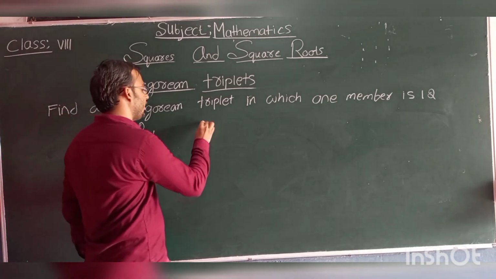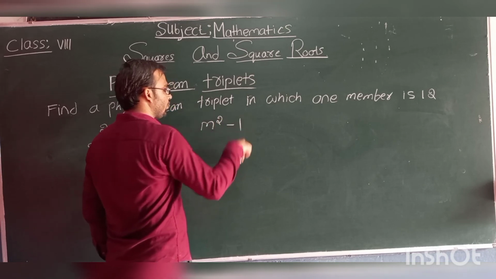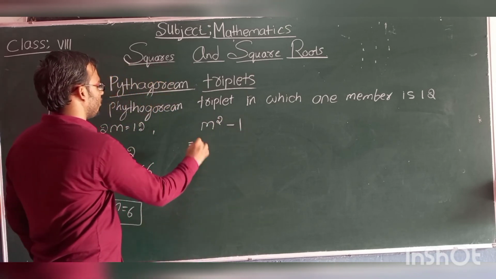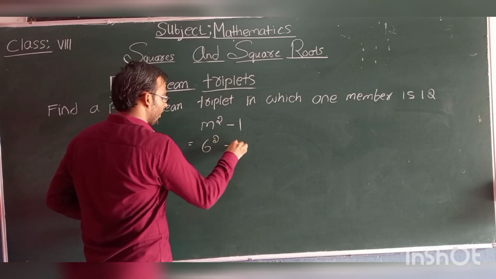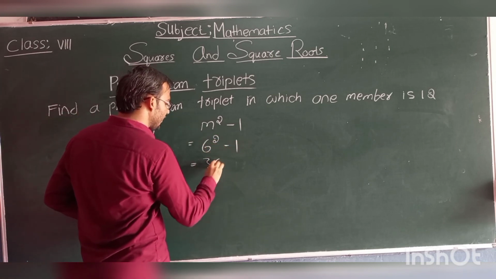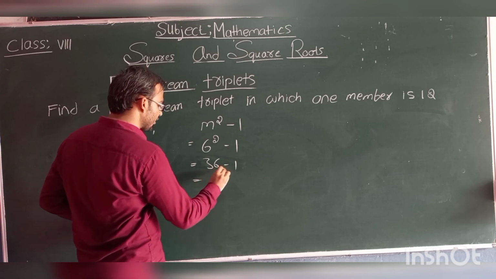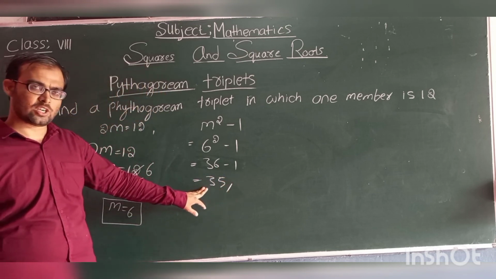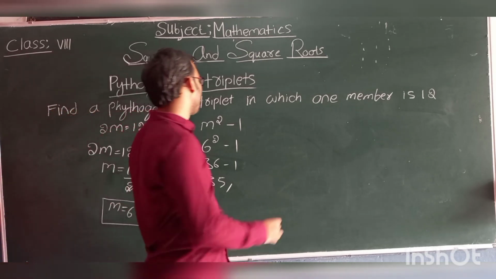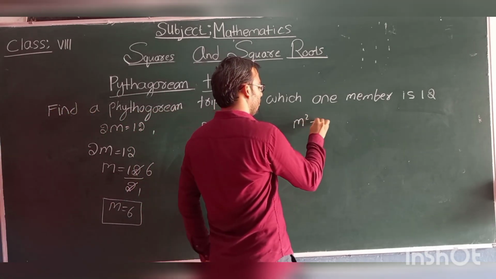So here m square minus 1. Now m is 6. 6 square minus 1. 6 sixes are 36, minus 1 is 35. So the other Pythagorean triplet is 35. And now we will take one more.